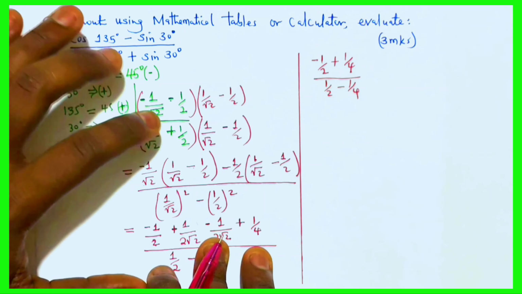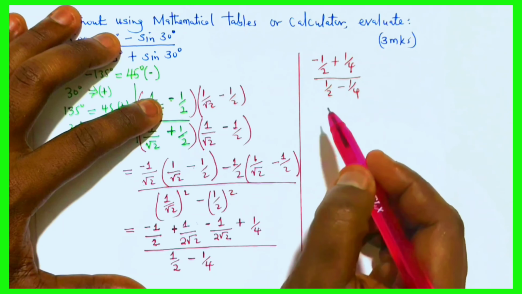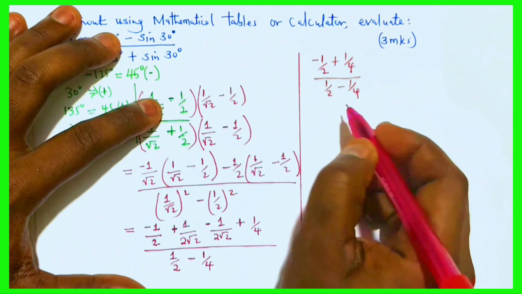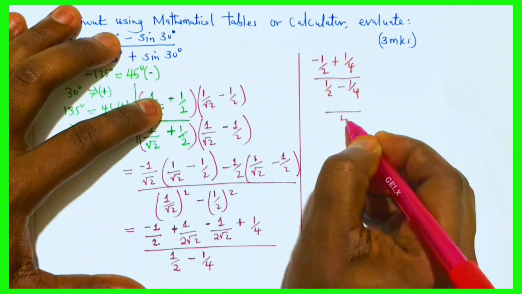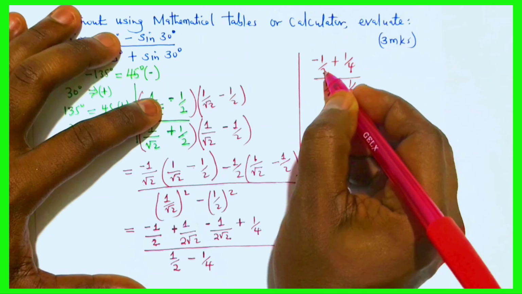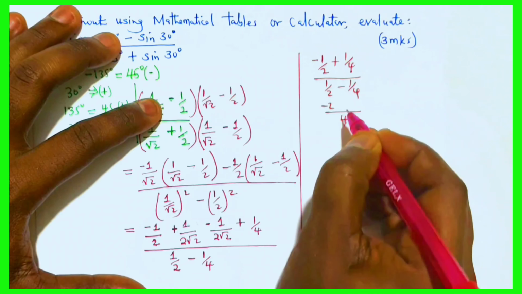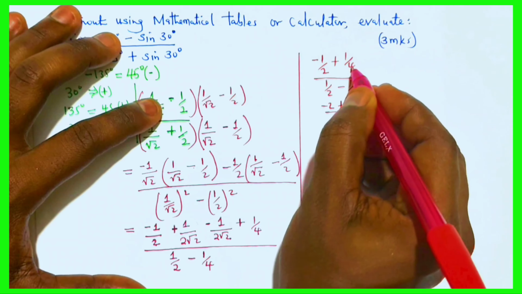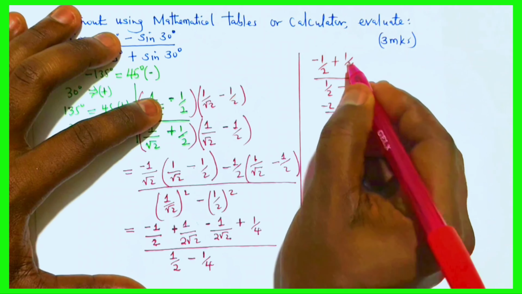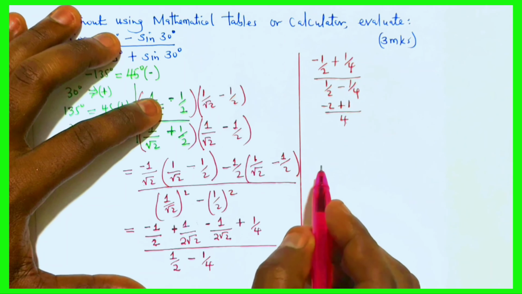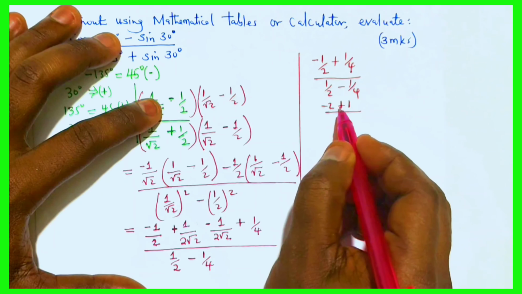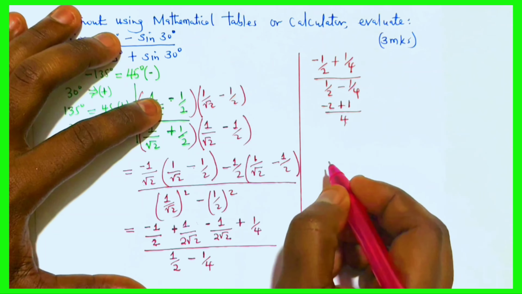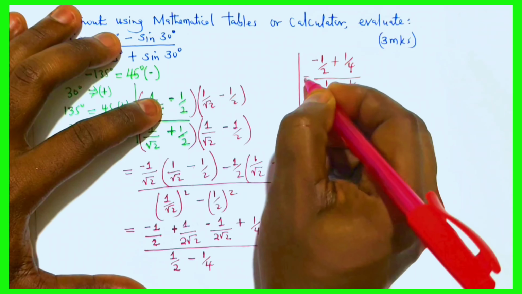Okay, and so when you add these two fractions, the LCM there is 4, so 4 divided by 2, that is 2 times 1, that is negative 2, and then plus 4 divided by 4, that is 1 times 1, that is 1, and therefore negative 2 plus 1 is negative 1.